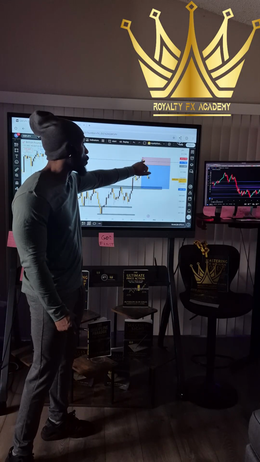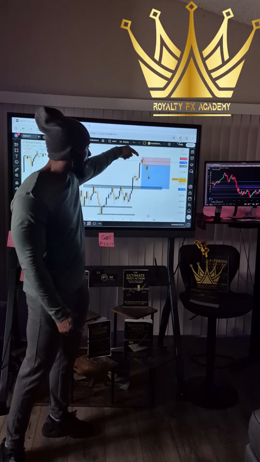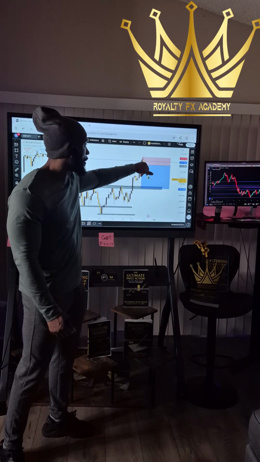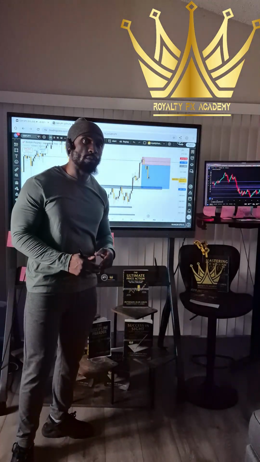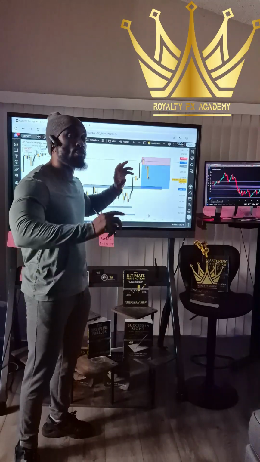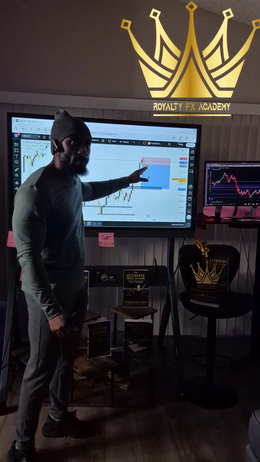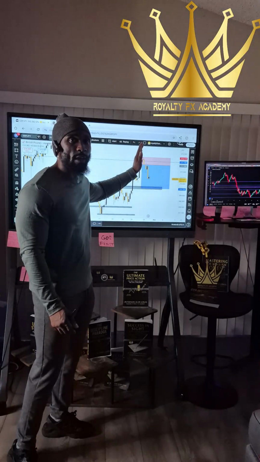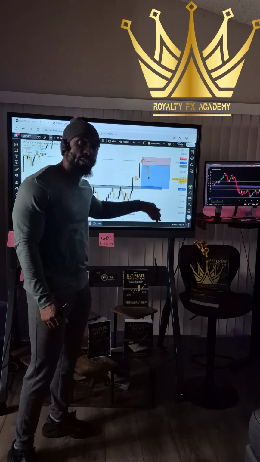This yellow candle, or gold to be exact, this gold candle right here engulfs the last 3 buying candles, which indicates sellers have taken over. I know you don't know that yet. The black candles mean the market is buying. The gold candles mean the market is falling or selling.